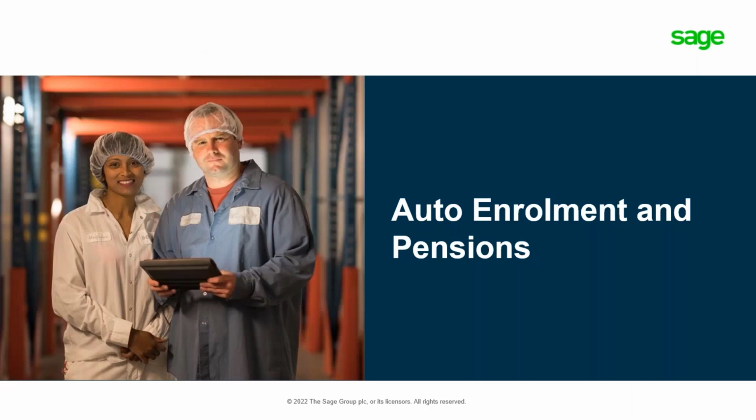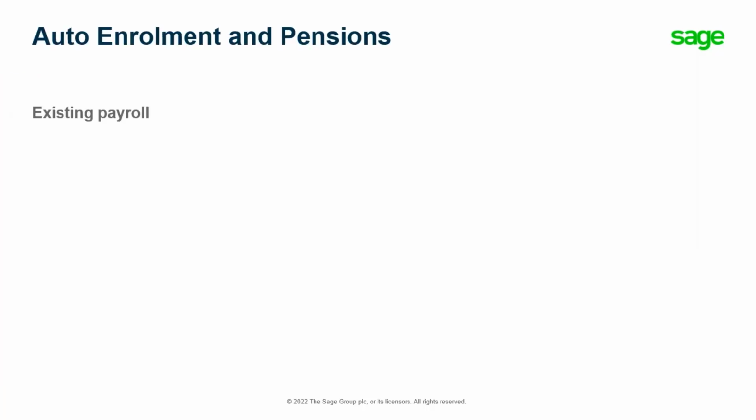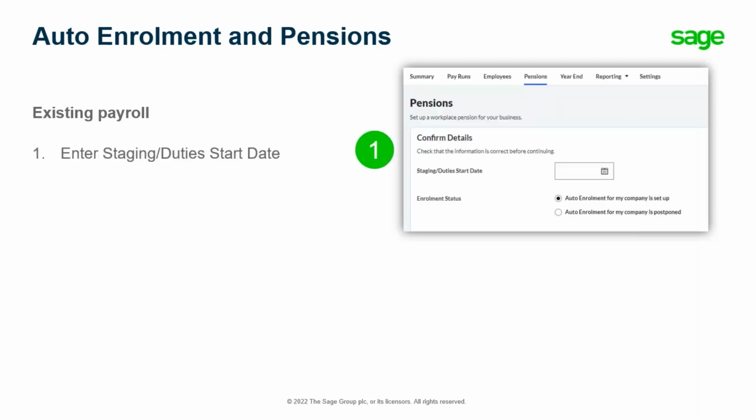So auto enrolment and pensions was the fourth stage in that flow chart that I showed you earlier. If you're setting up for an existing payroll, so if you've either imported the details or you use the manually migrate option, there are 3 steps involved. You'll need to enter your staging or duty start date for auto enrolment.